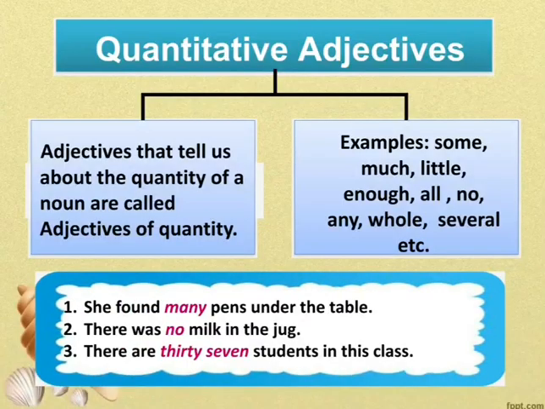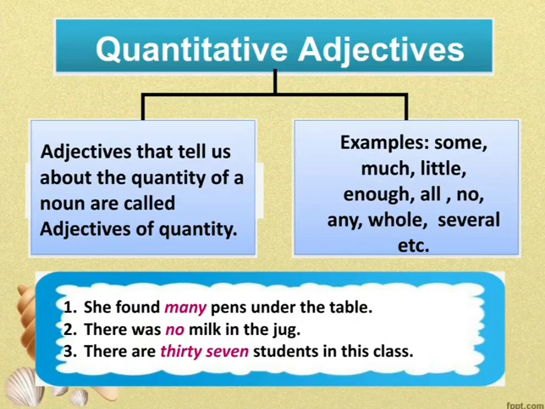So next adjective is quantitative adjective. Adjectives that tell us about the quantity of a noun are called adjectives of quantity. So the words which tell us how much a thing is are called adjectives of quantity. For example, some, much, little, enough, all, no. For example, she found many pens under the table.